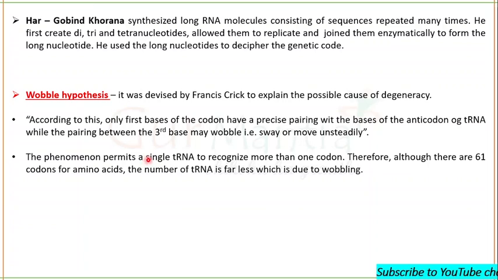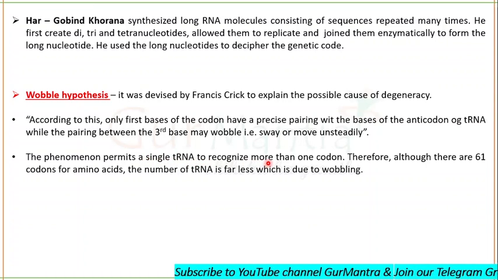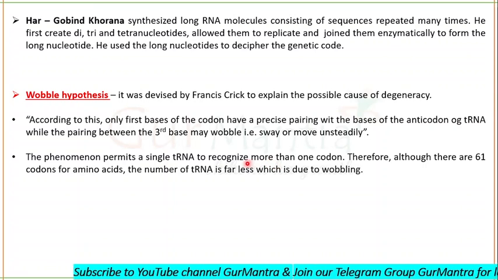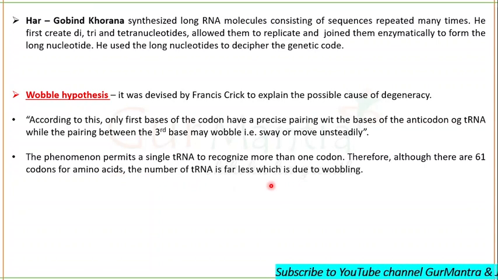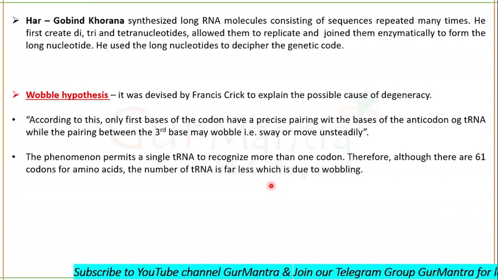This phenomenon permits a single tRNA to recognize more than one codon. Therefore, although there are 61 codons for amino acids, the number of tRNAs is far less, approximately 35 to 45, due to wobbling.